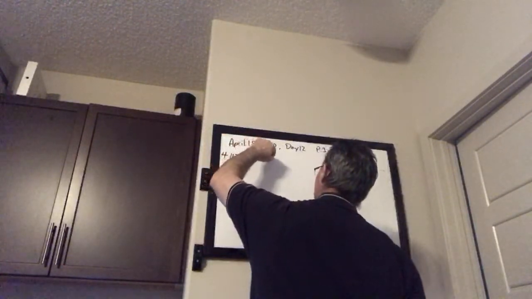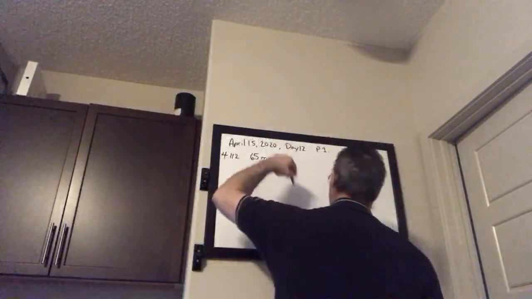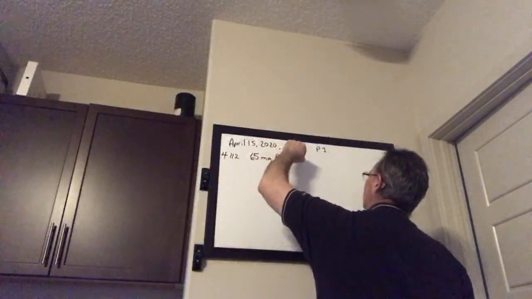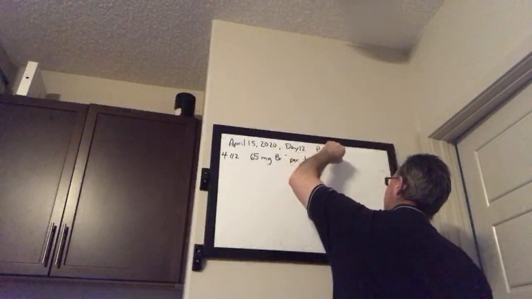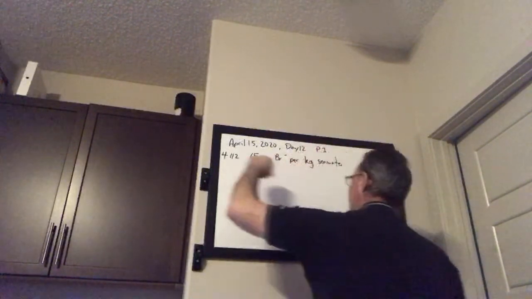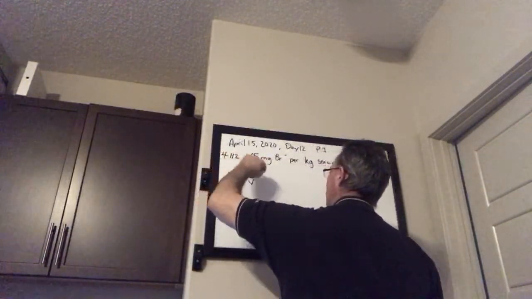So 65 milligrams of bromide ions per kilogram seawater. We know that molarity is the number of moles divided by the volume.